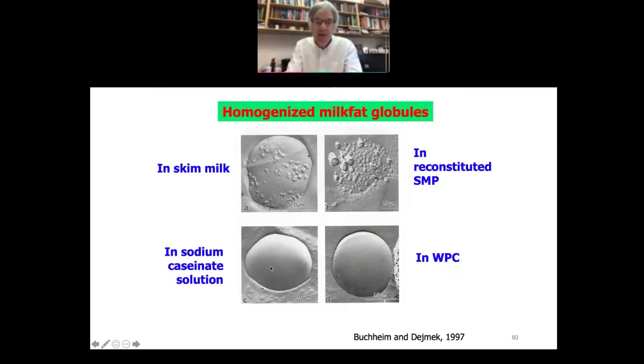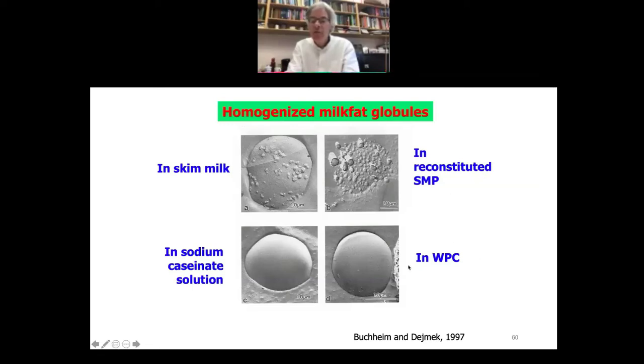Sodium caseinate is a very good stabilizing layer. It's thin relative to casein micelles, but it's homogeneous and gives us close packing. And as a result of that, a high viscosity in that interfacial layer. So sodium caseinate can make certainly a very good emulsifying layer in an emulsion.